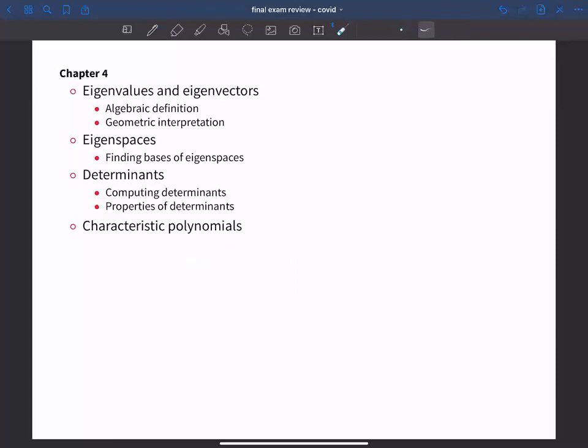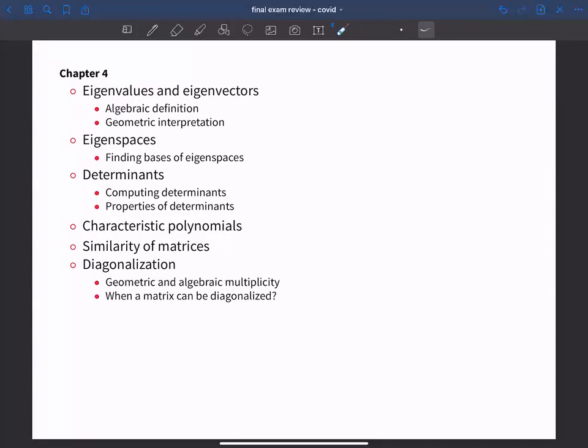Characteristic polynomials we learned about. We learned about similarity of matrices, and we of course talked about diagonalization. And the key question with diagonalization is how do you know when you can diagonalize a matrix? Remember, this question of diagonalization comes down to this: every eigenvalue has an algebraic multiplicity, meaning it shows up some number of times as a root of the characteristic polynomial.